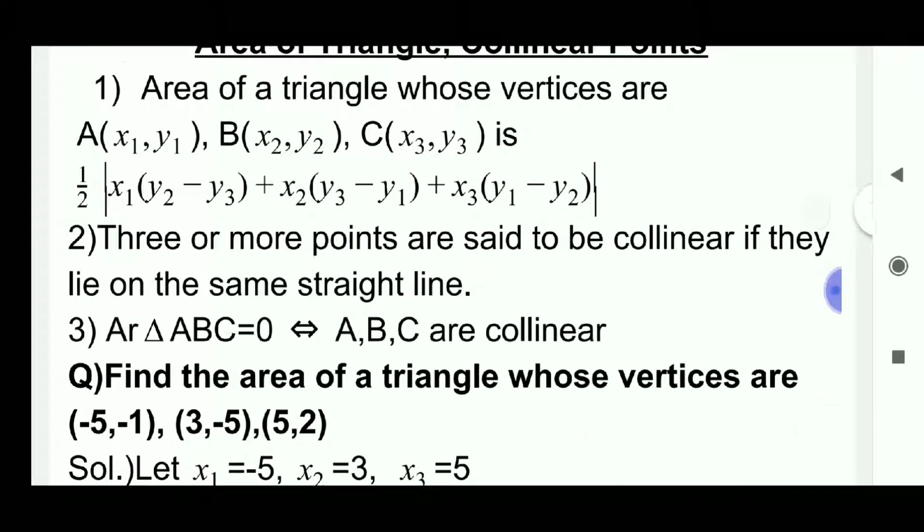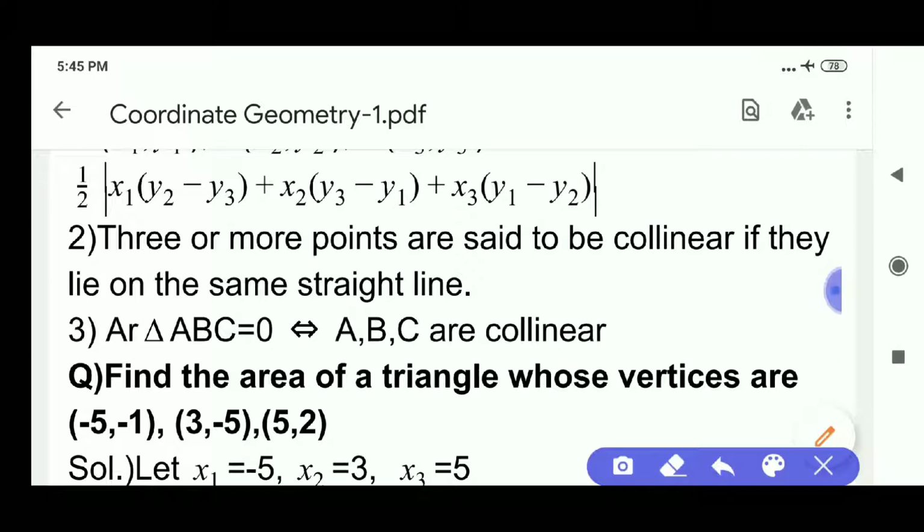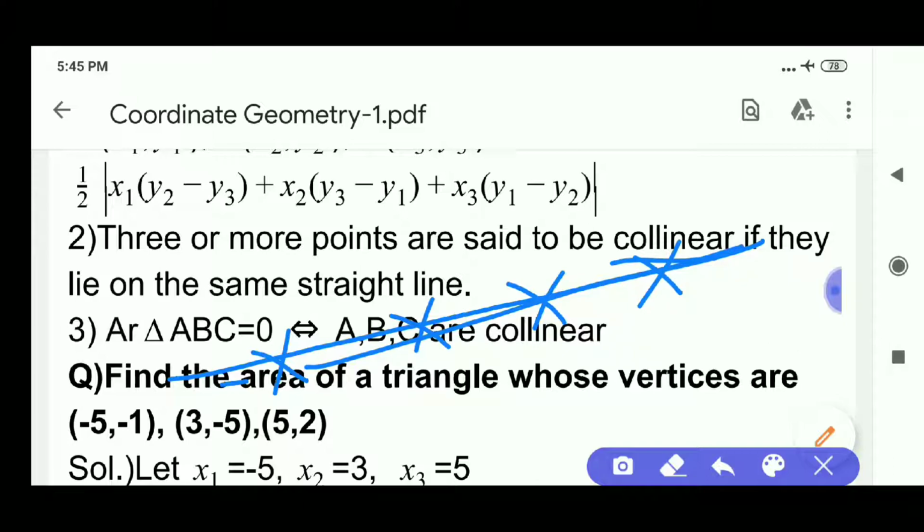Now, 3 or more points are said to be collinear if they lie on the same straight line. That means there is a straight line and 3 or more points are on the same straight line. Then the points are said to be collinear.